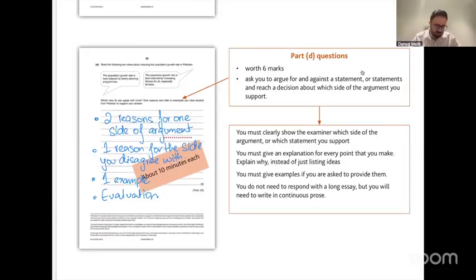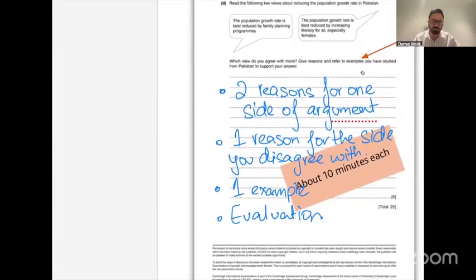But for 6 markers, there is a very simple format. We will practice 6 markers a lot, but right now, understand that 6 markers are always argumentative questions. Free this one thing in your mind: they are all argumentative questions.